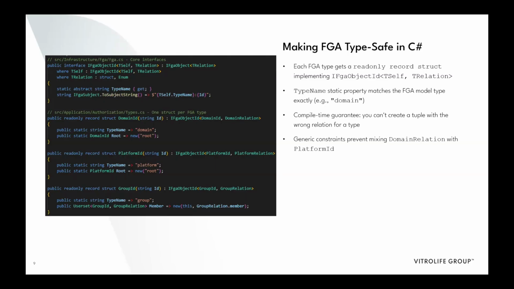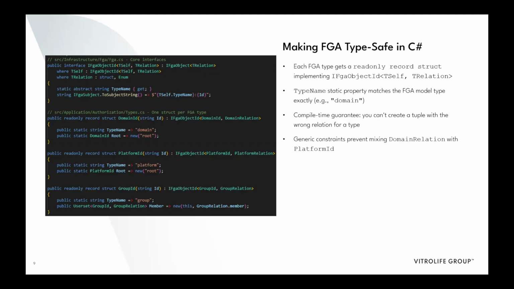This could most likely go much further, but that was enough for us because that made it possible to make this type safe. And the types we then created were required to implement the type name, and the type name is the type name from OpenFGA. So in that case, it made it quite simple.